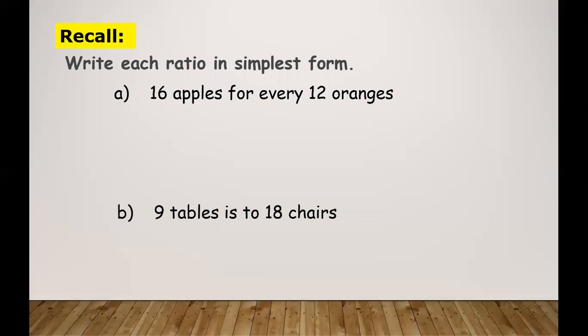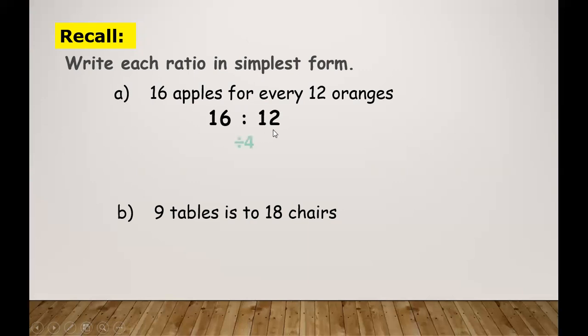Okay, let's have a recall of our lesson in writing ratio in the simplest form. We have here 16 apples for every 12 oranges. So we are going to write 16:12. Now you have to think, what are we going to divide 16 by that is also applicable to 12?